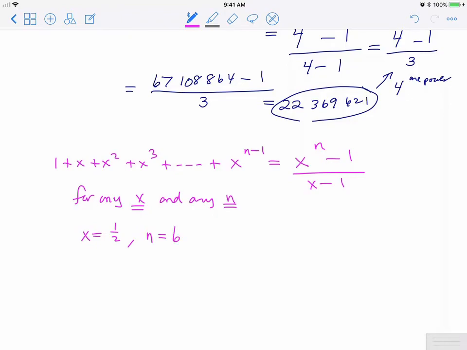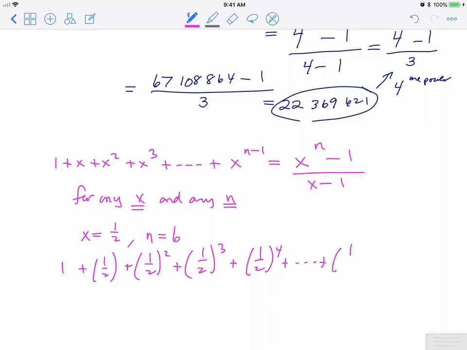So what we're asking here is for the numbers 1 plus 1/2 plus 1/2 squared plus 1/2 cubed plus 1/2 to the fourth, and we keep going until we get 1/2 to the 6 minus 1, which is 1/2 to the 5th power.